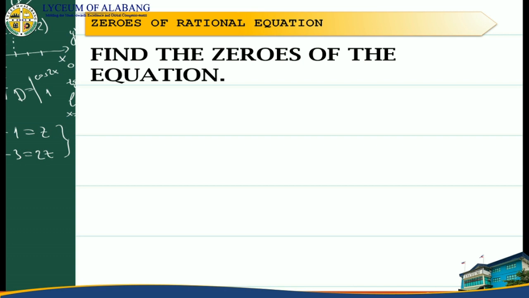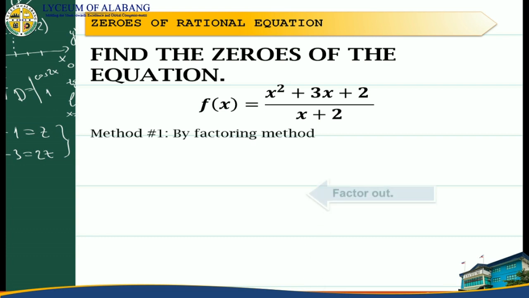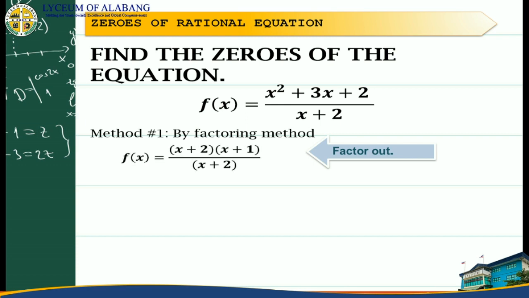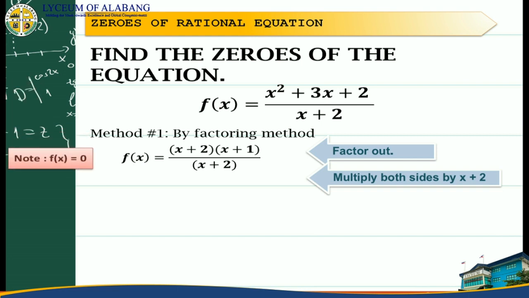For example, if you have the equation f of x is equal to x squared plus 3x plus 2 over x plus 2. By using the factoring method, first, factor out the term which is factorable, and we get f of x is equal to x plus 2 times x plus 1 over x plus 2. Then, multiply both sides by x plus 2. Take note, f of x is equal to 0.